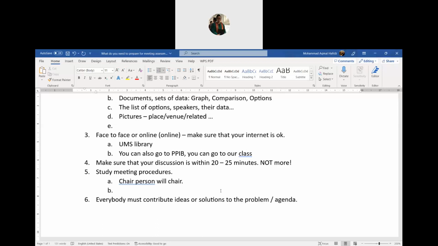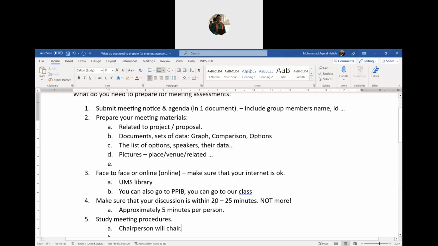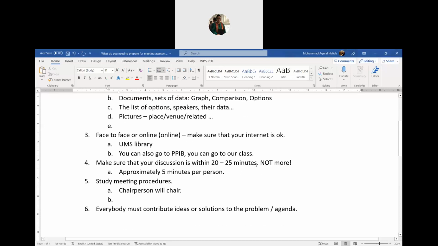So if it's 20 to 25 minutes, then one person will get approximately 5 minutes, approximately 5 minutes per person. All right. So you can basically practice this on your own first, then you can see how long your meeting is.